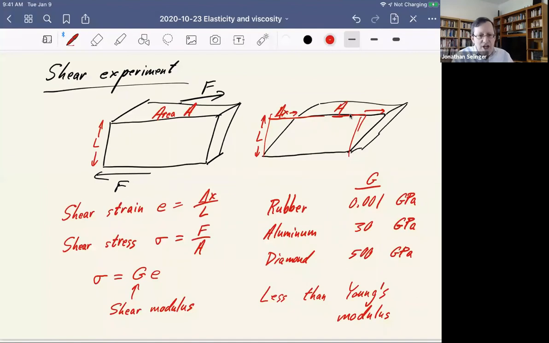For example, what if you apply a pressure from all directions? What if you put your block of material on the planet Jupiter, and the atmospheric pressure is pushing in all directions to reduce the volume? So there's some other modulus that says how much the volume changes.